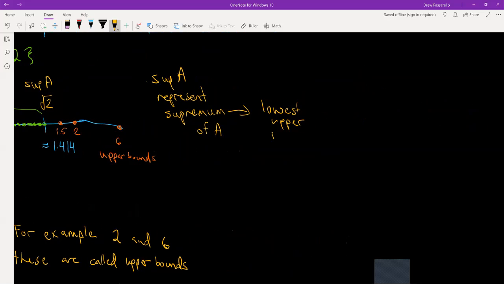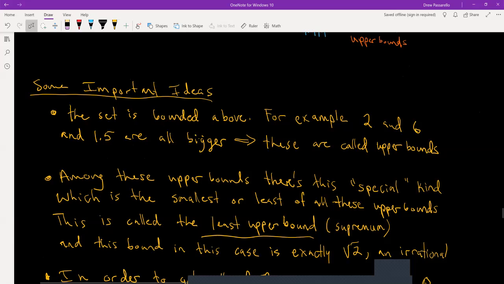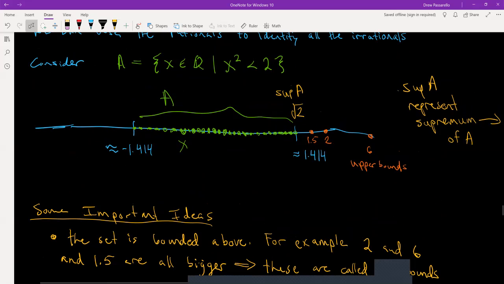This is the least upper bound. In this case, we have an irrational number, square root of 2, that's our least upper bound. And that's how we can define an irrational number as the least upper bound to some set.